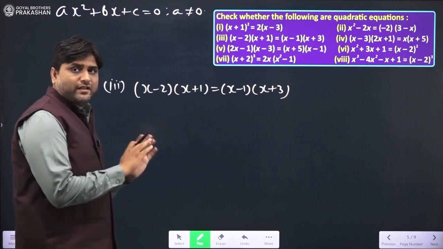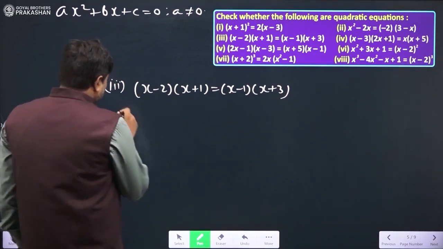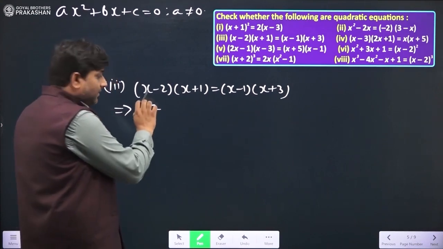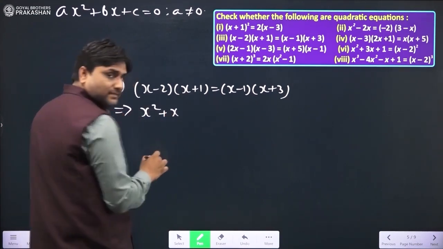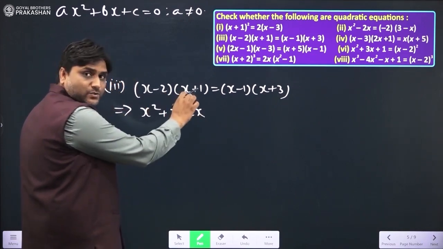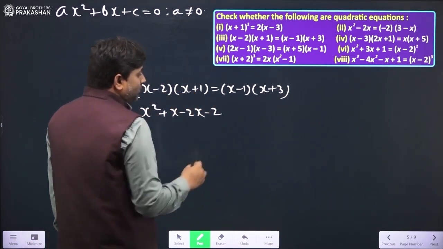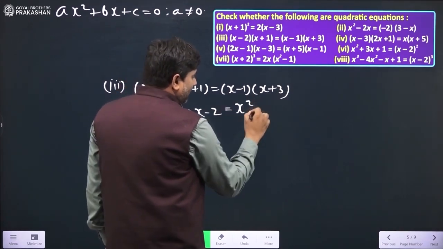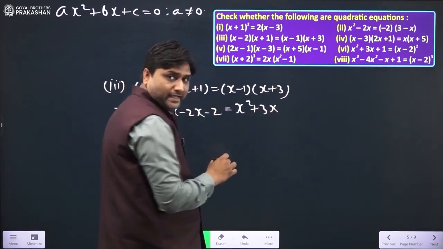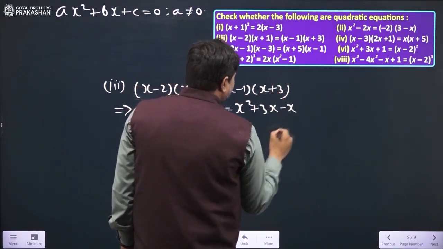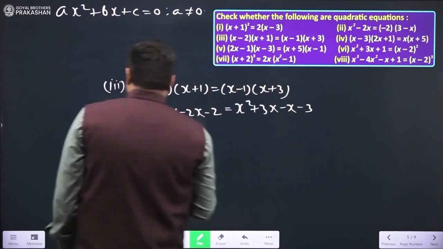So on both the sides we have to multiply the brackets. So this implies x into x is x square, then x into 1 is x, minus 2 into x minus 2x, then minus 2 into 1 it is minus 2 is equal to x into x, x square, x into 3, 3x, then minus 1 into x, minus x, and minus 1 into 3, minus 3.